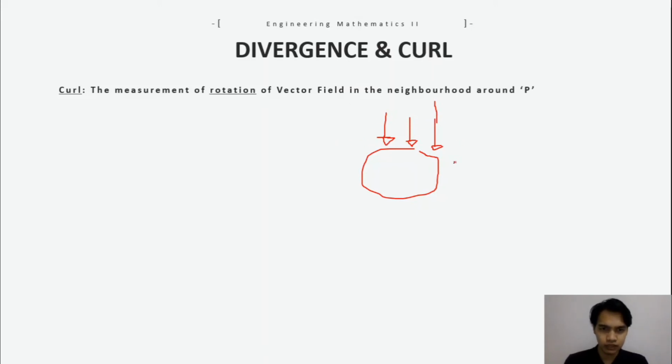For example, for this point P will rotate to this side because this one has more value and will make the point P rotate to this side.